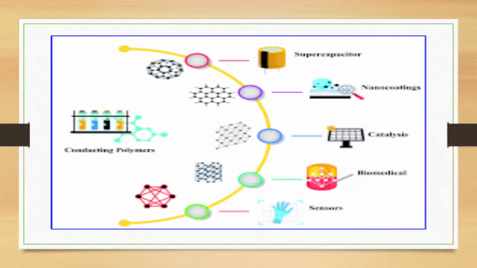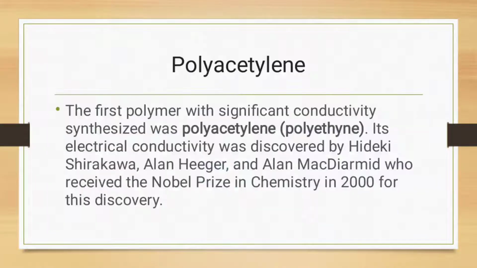And next we have the chart about the conducting polymers. In the chart we have 5 types, and the first type is supercapacitor and catalyst, biochemical and sensors, and neural coding.